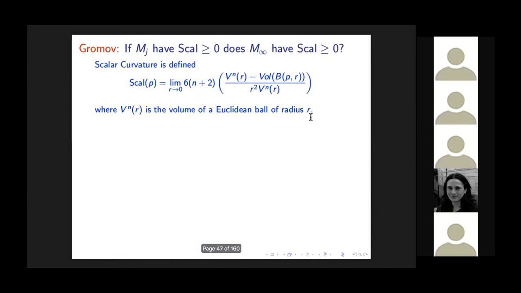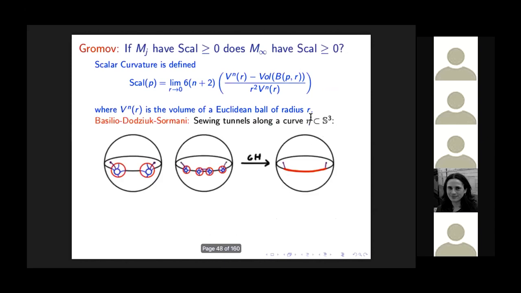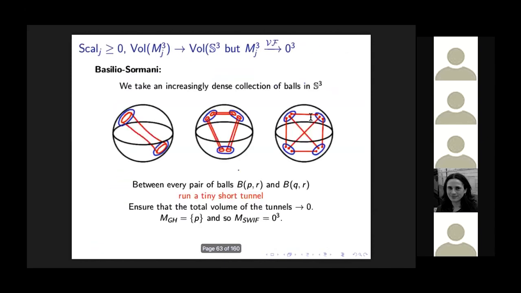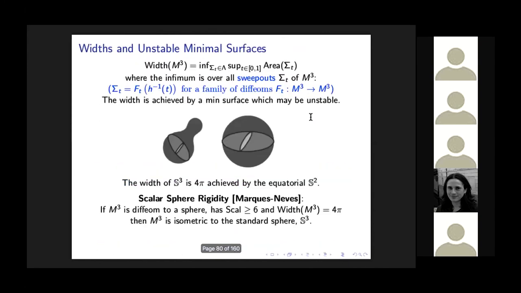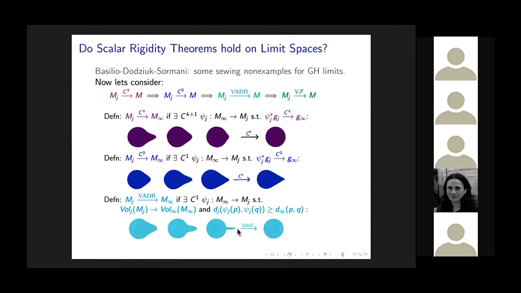Actually, a lot of these were. Wait, VADB is, wait, sorry. I think I went further back before than I thought I had. VADB and no C0. This one here. And also the Ilmanen example. So for VADB, the phi j's are still diffeomorphisms. But you see how much this has been stretched out. So the diffeomorphism goes from here to here. The diffeomorphism is stretching.